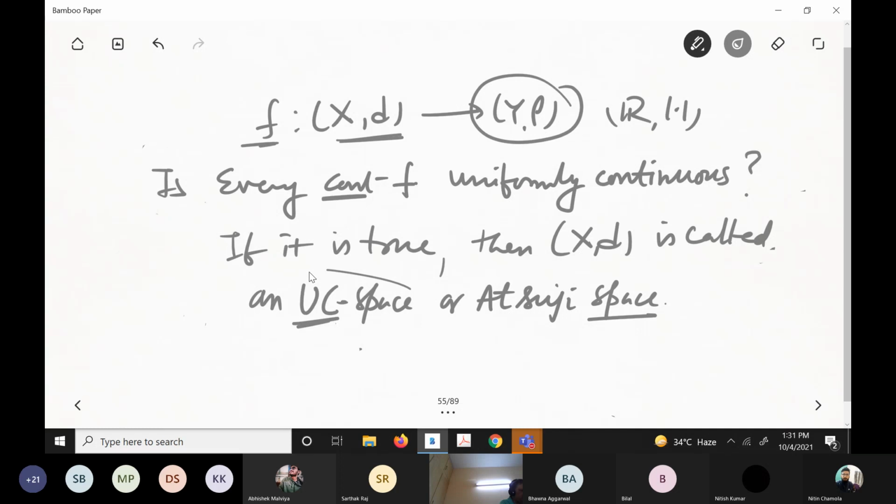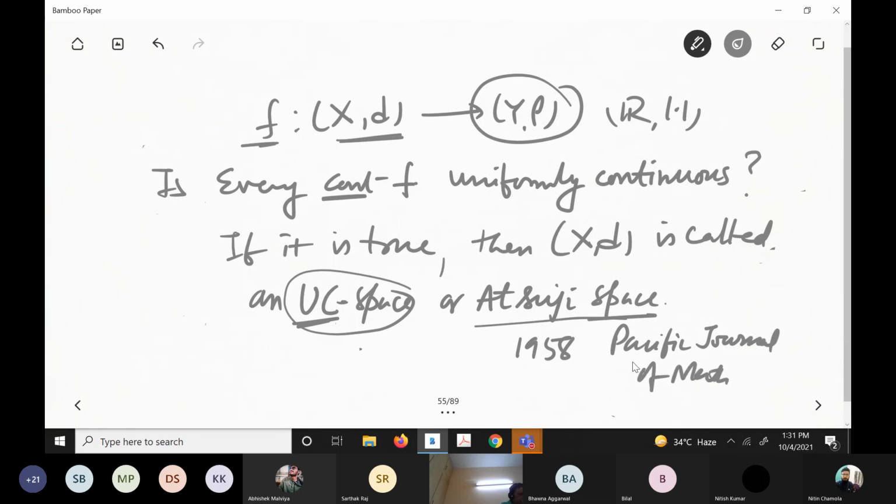Actually, now people prefer to use UC space because of this Japanese mathematician's paper in 1958 in the Pacific Journal of Mathematics. It's a very good journal. He actually studied it in detail, and it was studied before that too, but people didn't pay much attention.